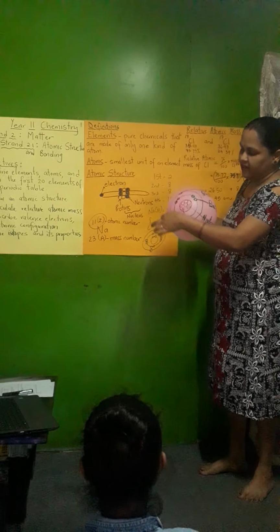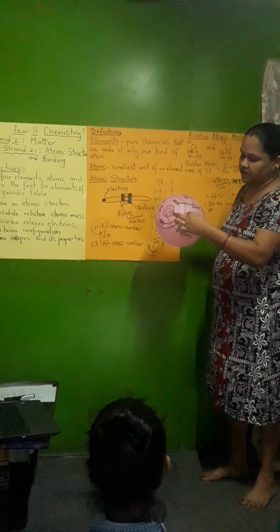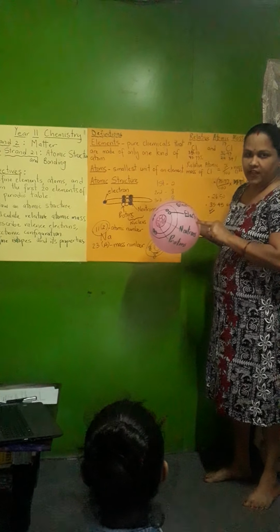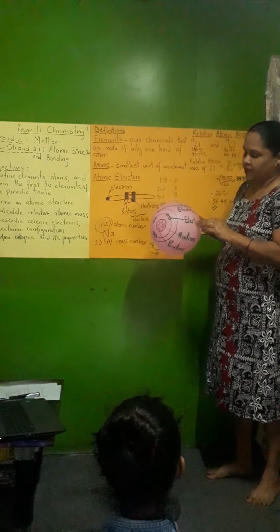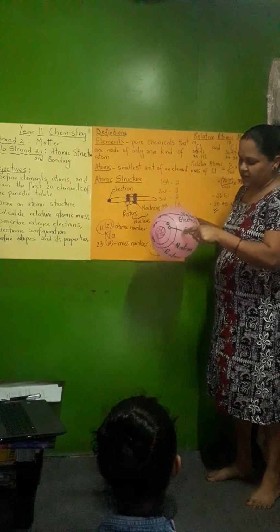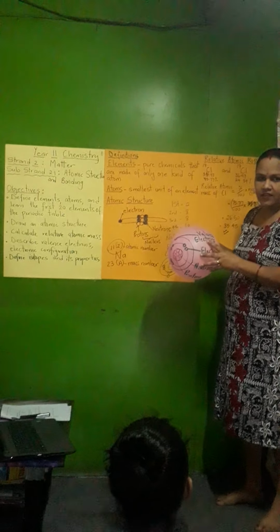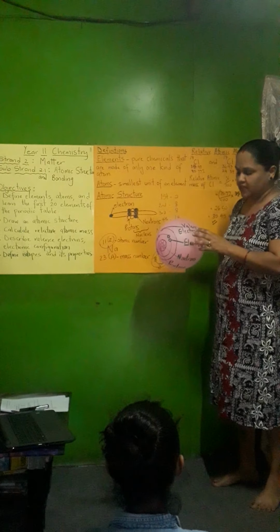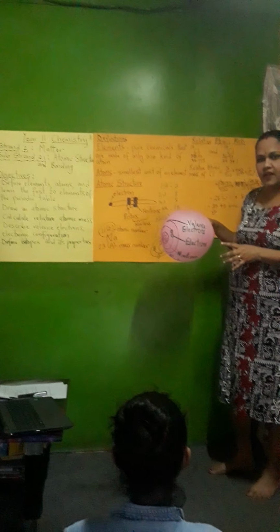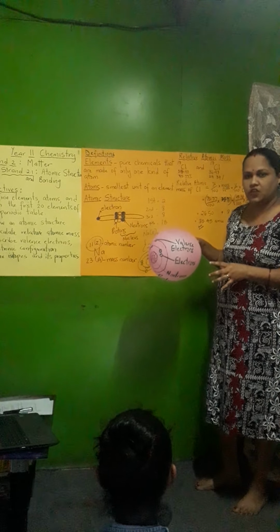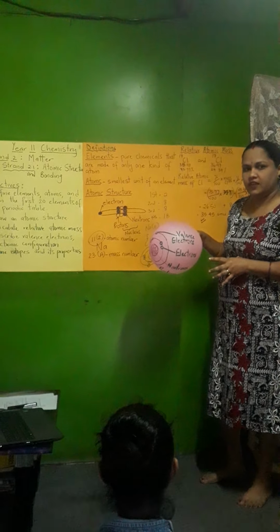Then there are different energy levels, and these energy levels have electrons in them. Electrons have negative charge. The last energy level is known as the valence energy shell, and it will have valence electrons. Valence electrons are found in the outermost shell of any atom. I hope you have understood that.